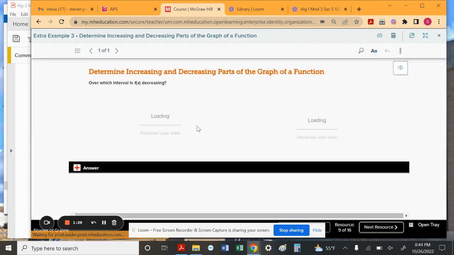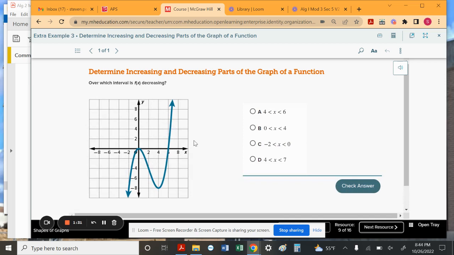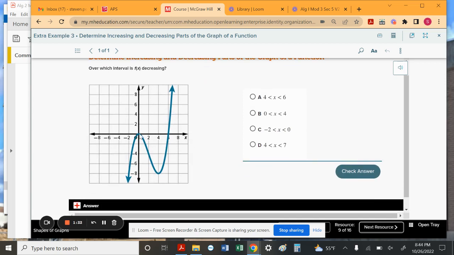Now I'm going to show you how to read it with this particular function. You can see as we move this way, the function increases to this point, decreases to this point, and then increases again. So this is asking, where does it decrease? Well, it decreases starting at x equals 0.